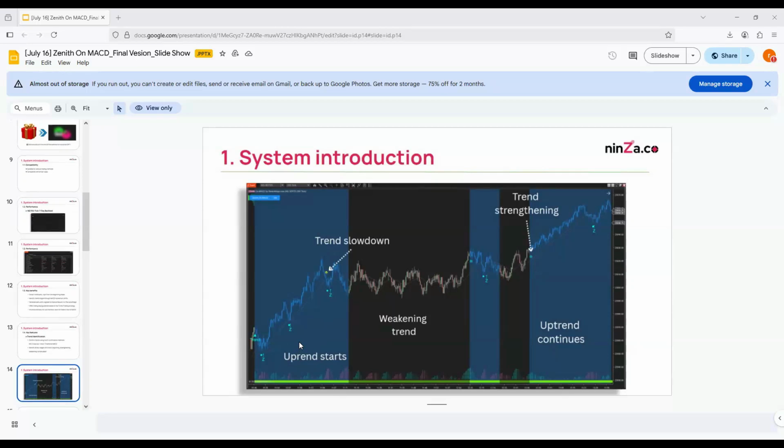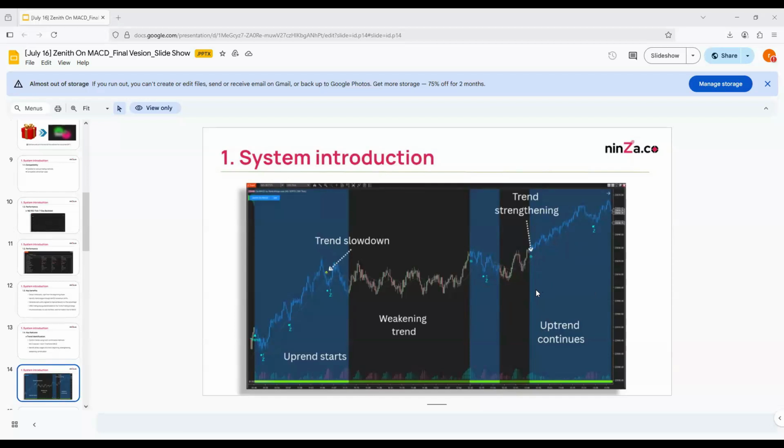Also, this indicator lets you know if it's a strong trend or a weakening trend, right? When there is no background color, this lets you know that it's a weakening trend until there is either a reversal or a continuation. And in this case, there is a continuation. We will be seeing all that on live charts.